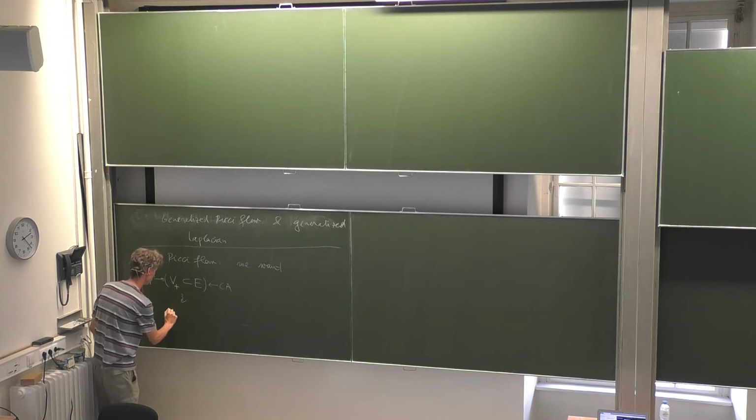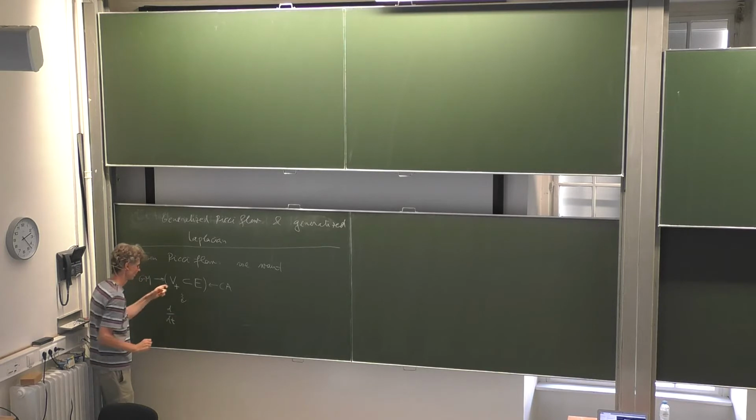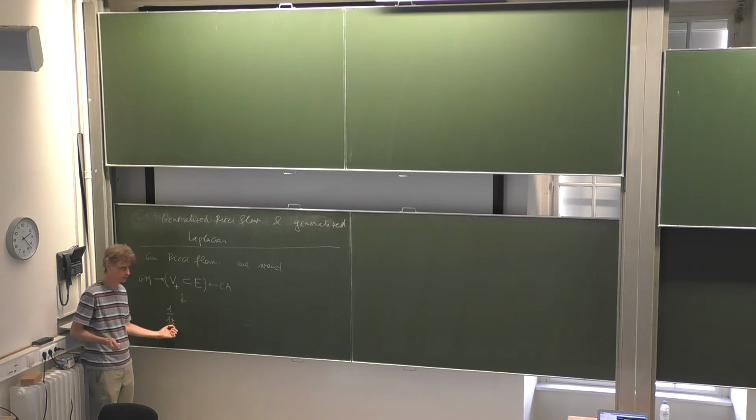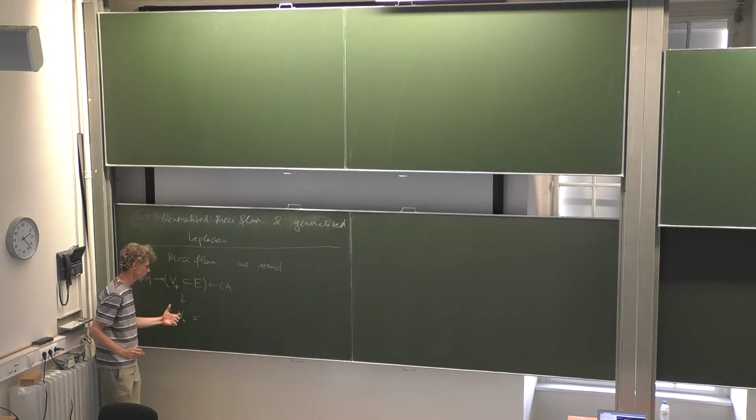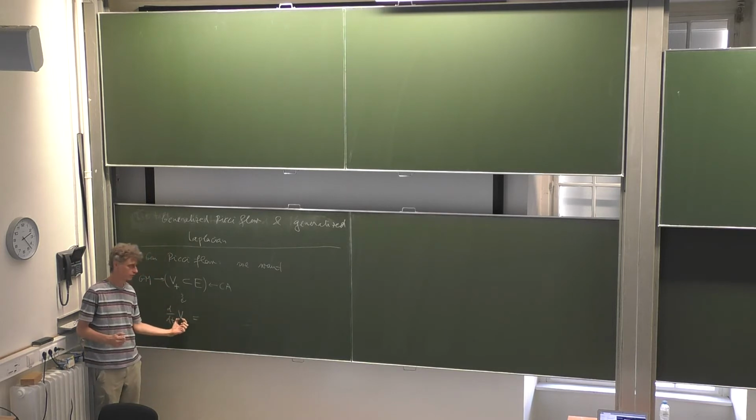I'll write it slightly schematically: V plus now depends on T, which physics-wise is the logarithm of the scale. So what should this thing be? Imagine this is an infinitesimal deformation of V plus. How should we see it?